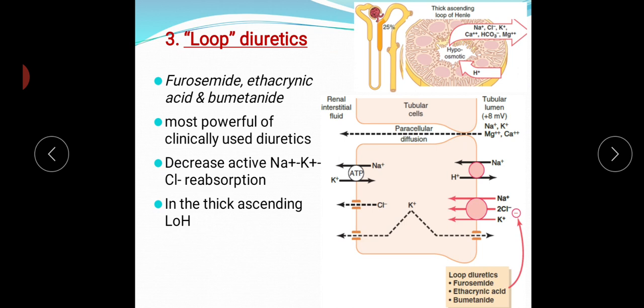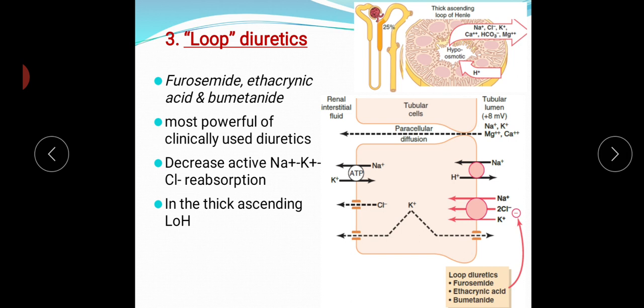It is water impermeable but highly permeable to the solutes. Here you can see the thick portion of the ascending limb of the loop of Henle reabsorbing many of the solutes. One of the most important pumps reabsorbing these solutes is the sodium 2 chloride potassium co-transport pump.